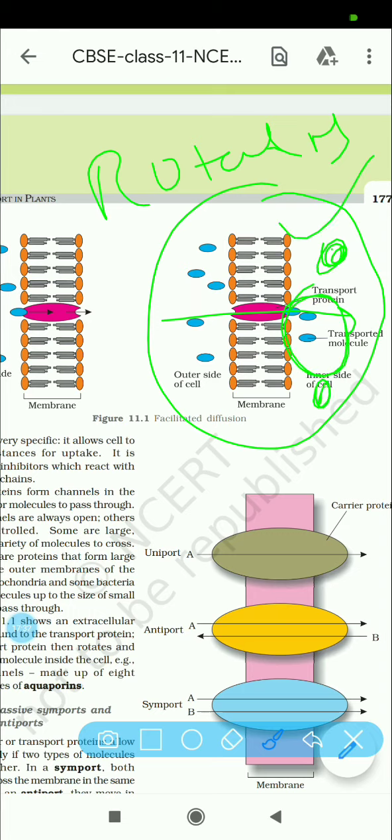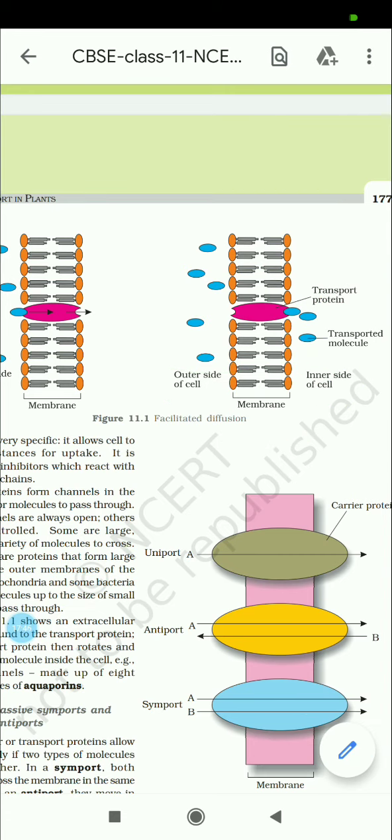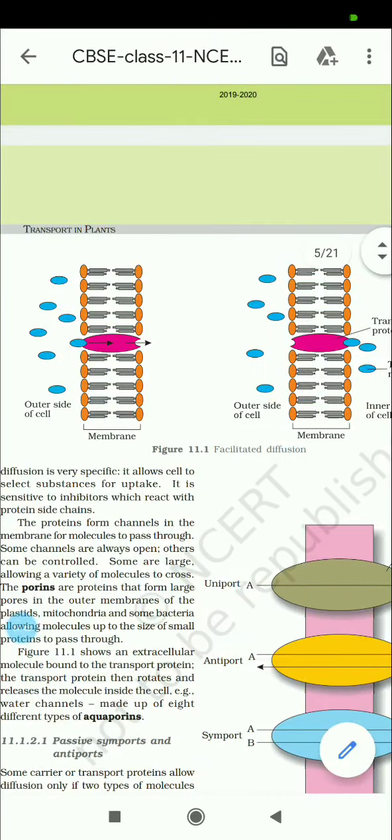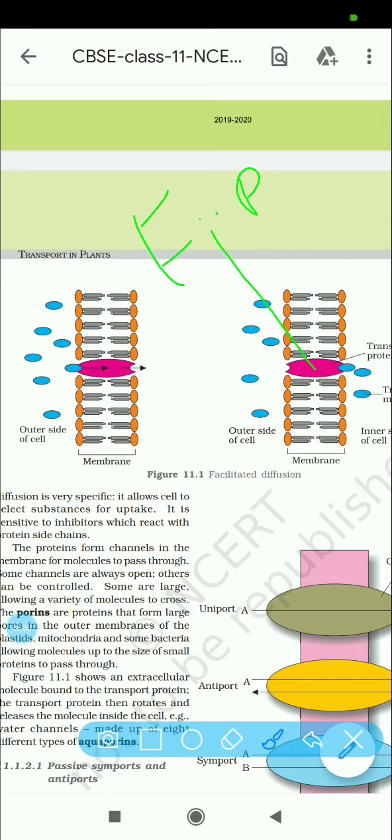So the substances which were here have reached this side by passing through these proteins. And this pink colored protein which you can see is our facilitated protein, or a sort of porin which forms the channels.